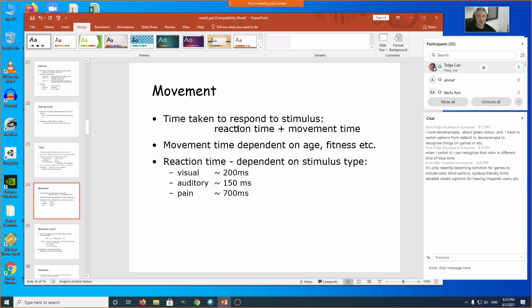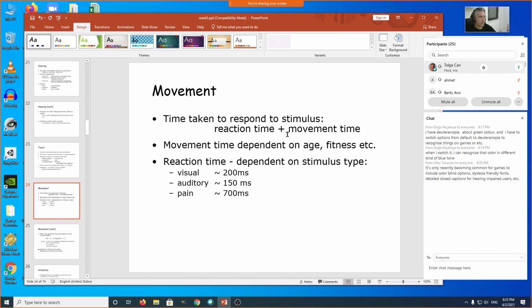Movement is the time taken to respond to a certain stimulus. For example, you hear something and you raise your hand, or you see something and you raise your hand. That's movement, and it is composed of reaction time and movement time. Imagine there are lots of lights flashing in front of you, and you're asked to raise your hand only if the light is red.